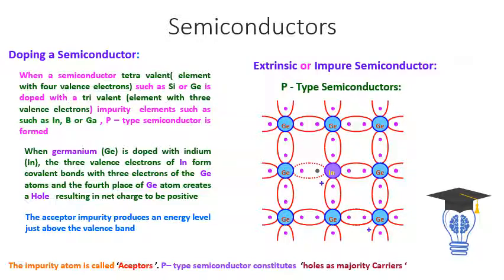Hence, this leads to an impure semiconductor which contains positive charges, so it's called a p-type semiconductor. Previously there was 1 extra electron which was negatively charged and we created N-type semiconductors. Now 1 hole is free, resulting in positive charges, and is called a p-type semiconductor.